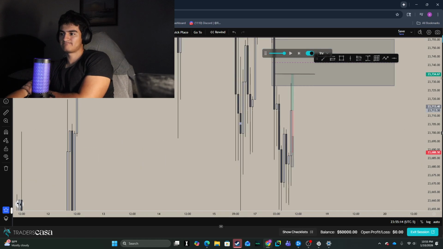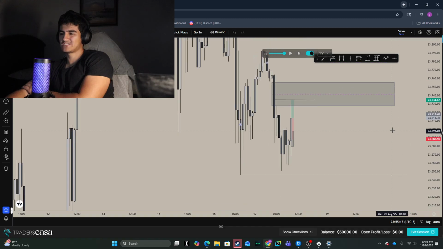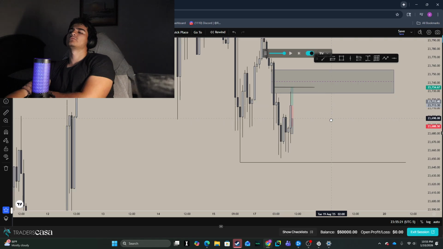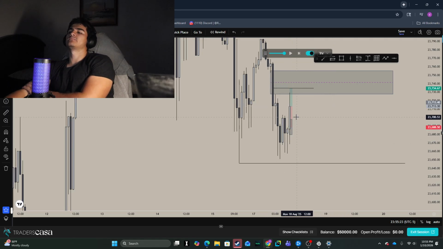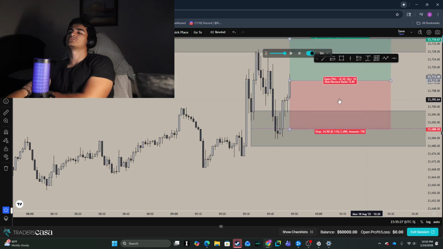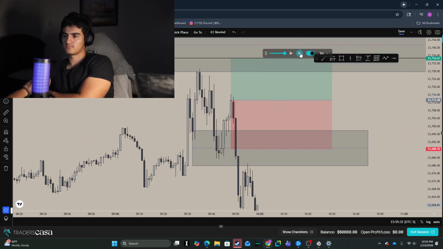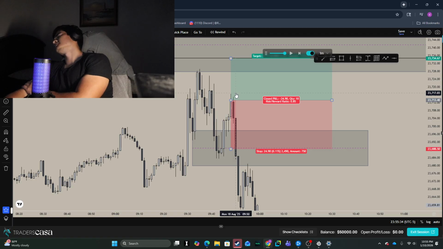But I guess we can try to go a bit higher into this gap here, because we're barely just coming up. But yeah, I was still entering this trade. This is a good setup here. No.